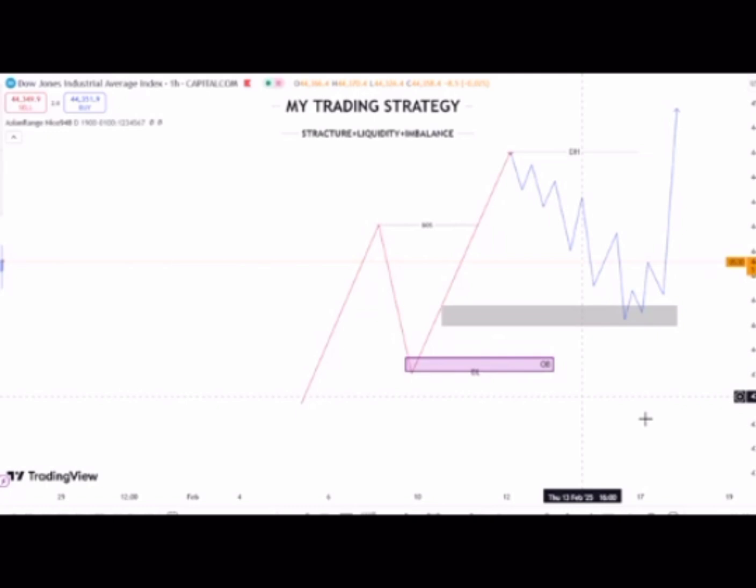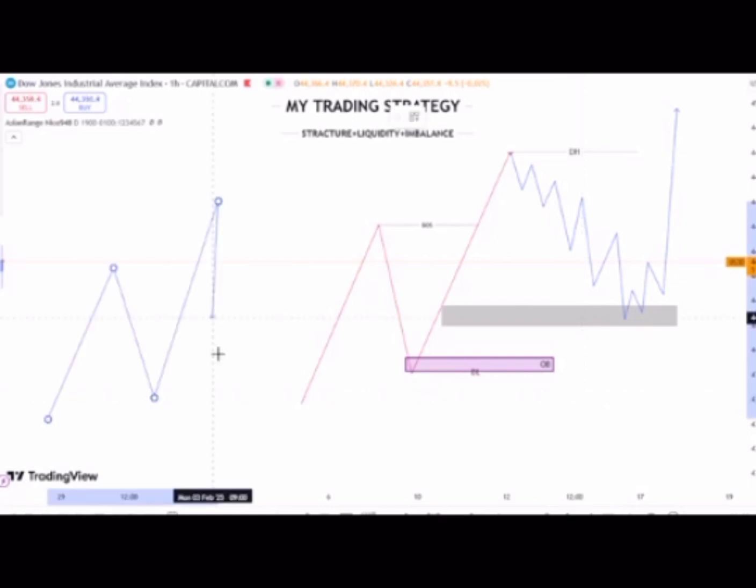So let's say we are in an uptrend. We caught this movement from here, which came down and broke structure right here, and then comes down. Instead of returning from here just like this one is doing, it does not return from there, but rather it comes to break this.